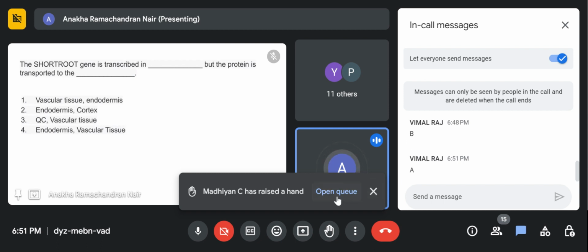Madhyam C has raised hand. Do you have a doubt? You can write it down in the chat box or unmute yourself, but the connection might not be clear, so I might not be able to hear properly. But you can try. Not a problem. Do you want to answer the question or do you have a doubt?